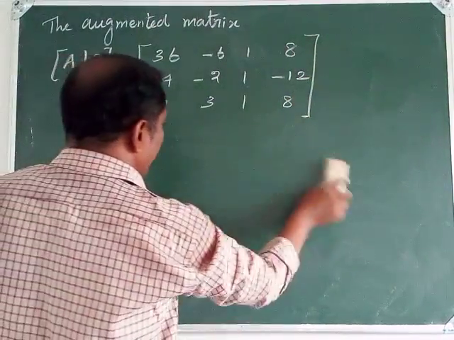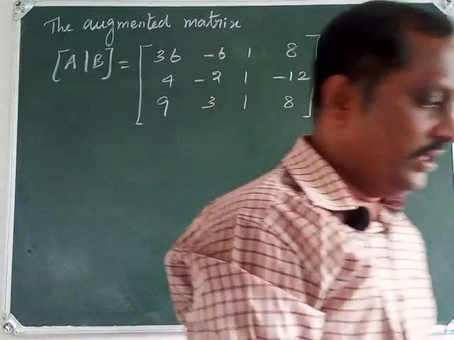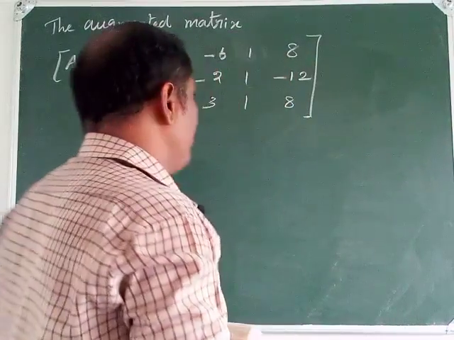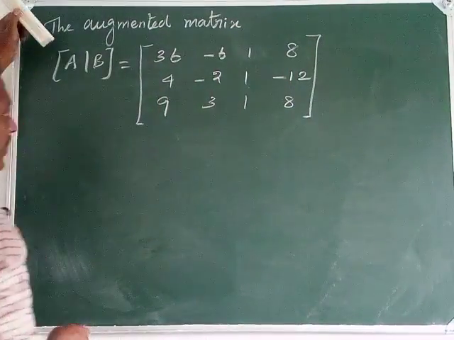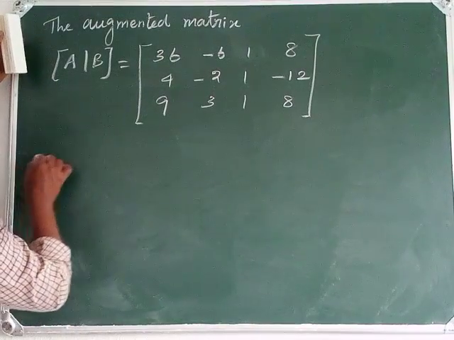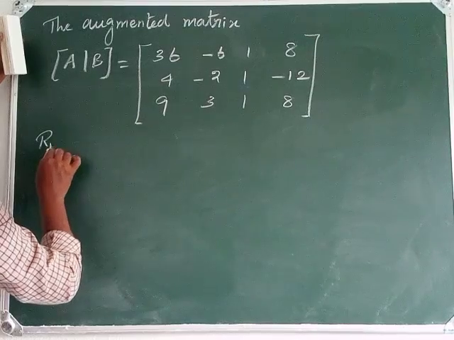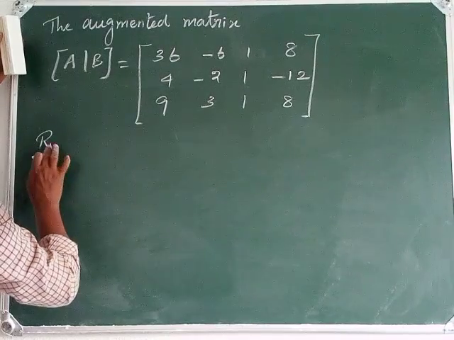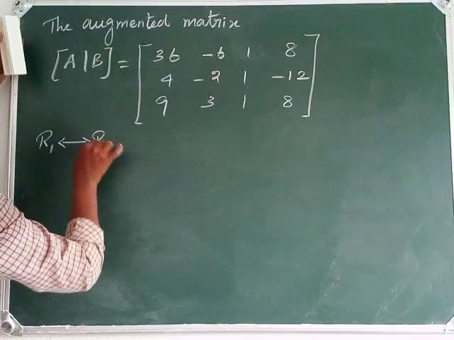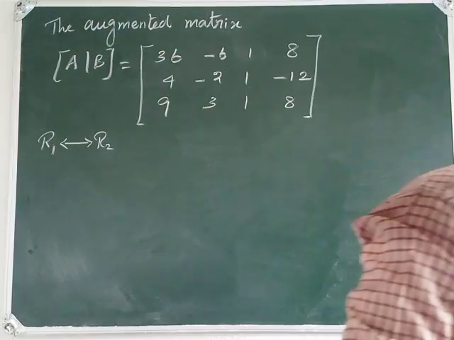Using algebraic transformation, this one is converted into equivalent form. So we have to write the equivalent matrix. That is interchanging the first row and second row.